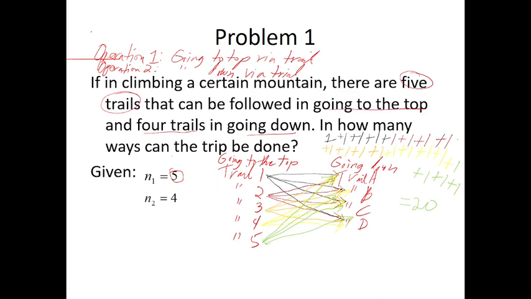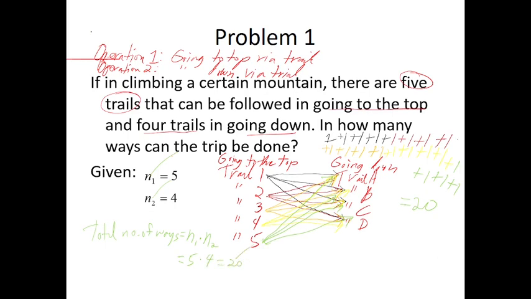As stated, if operation 1 can be performed in n1 ways, and the second operation can be performed in n2 ways, the total number of ways that operation 1 and operation 2 can be performed together is equal to the product of the number of ways per operation, n1 times n2. So 5 times 4, that is 20.